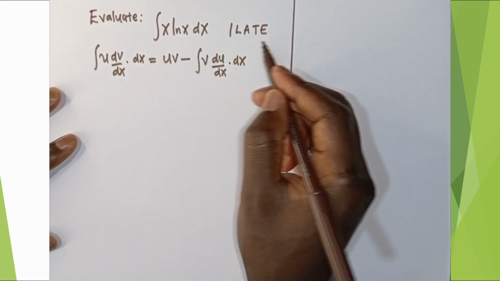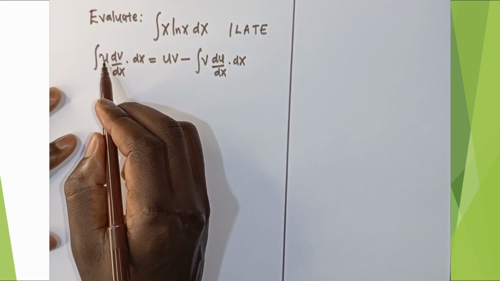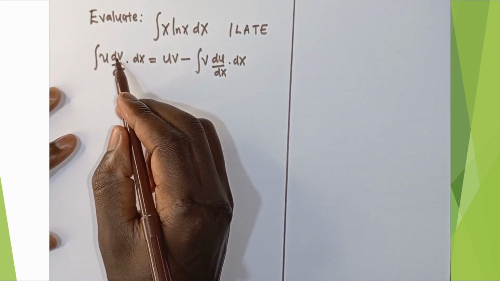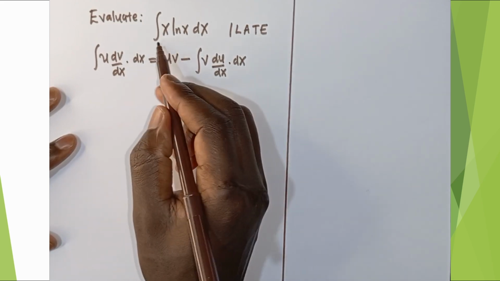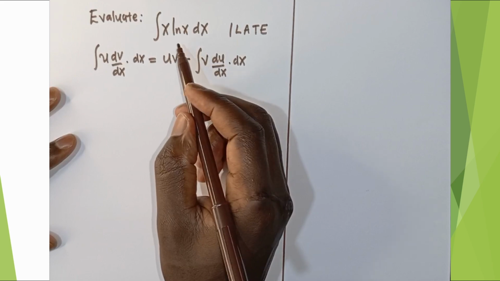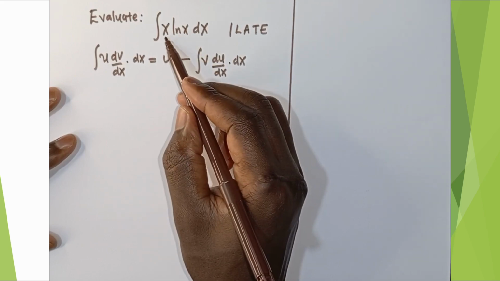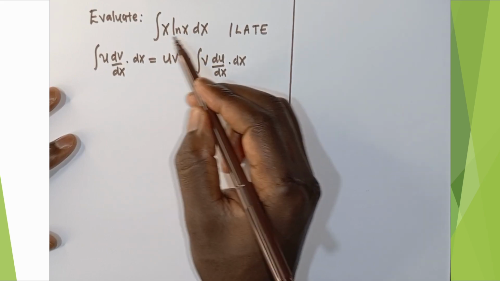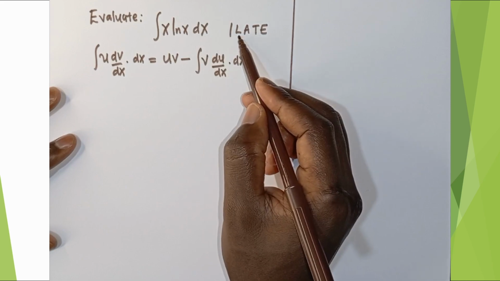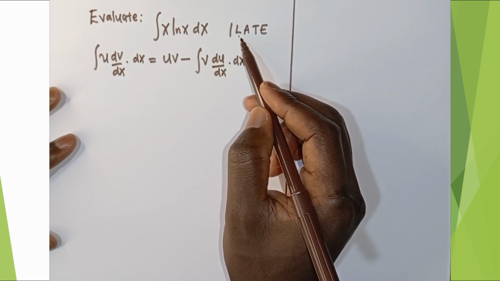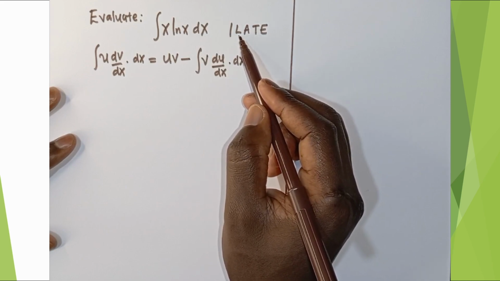Now, the ILATE rule helps us decide which one is u and which one is dv/dx in the integral given. In this case, x is algebraic, and ln x is logarithmic. So we ask ourselves, logarithmic and algebraic, which one comes first?